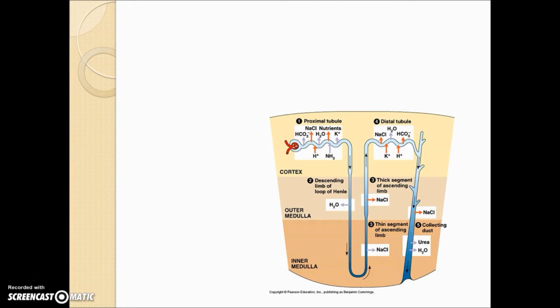Okay, remember that a nephron is formed by a glomerulus, a renal capsule or Bowman's capsule, the renal tubules, the collecting ducts, and all the blood capillaries that ensure the reabsorption of all the needed things in our blood.